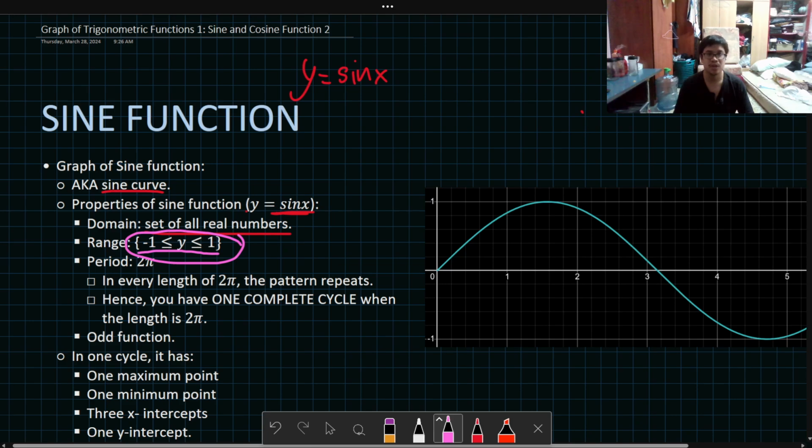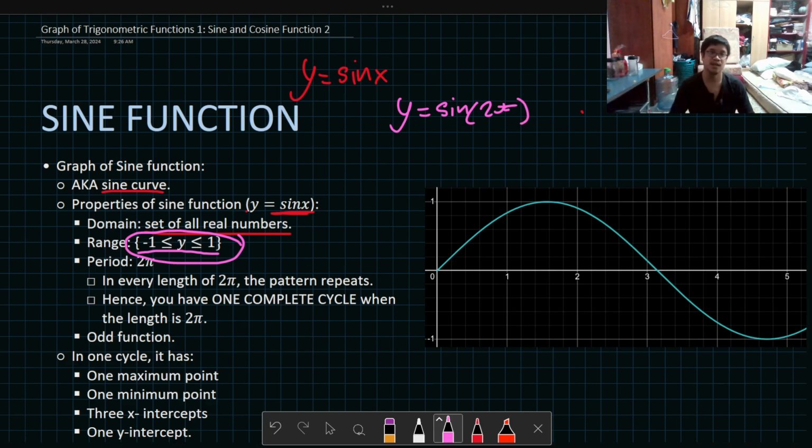All right. So let me give you an example. Let's just say I have 2 pi. Substitute 2 pi in the sine. What will happen? I will get 0. All right. How about any number? Assume that they are in radians.